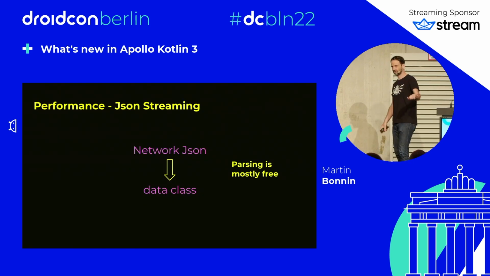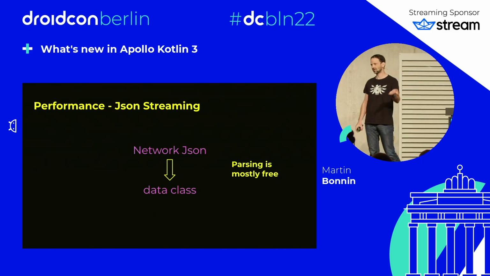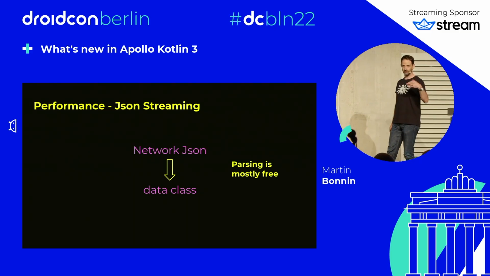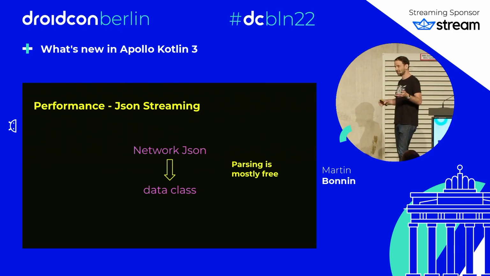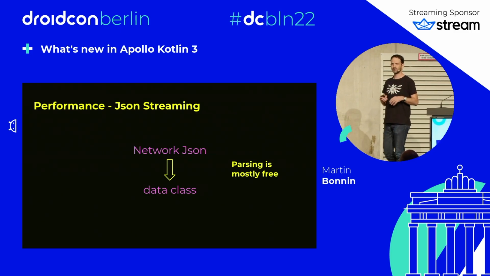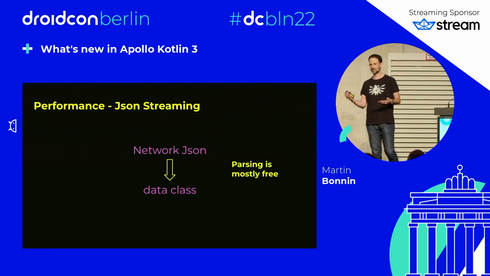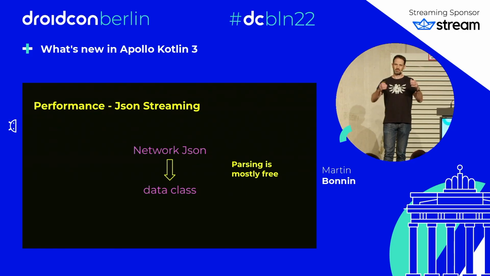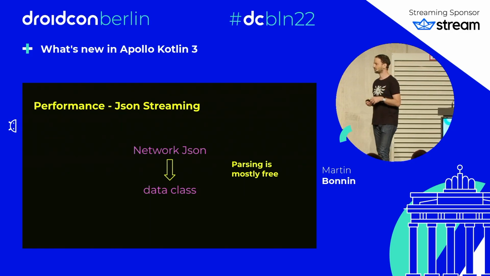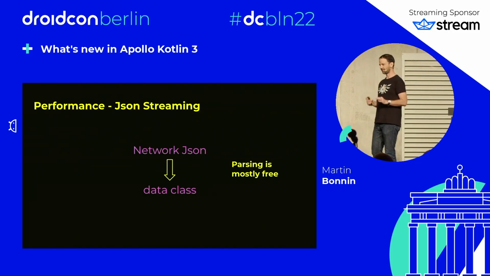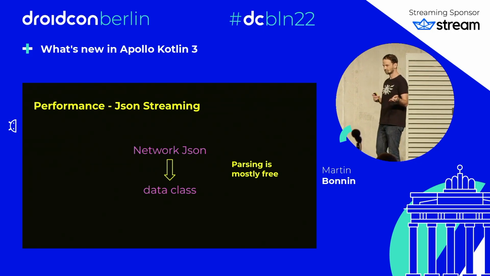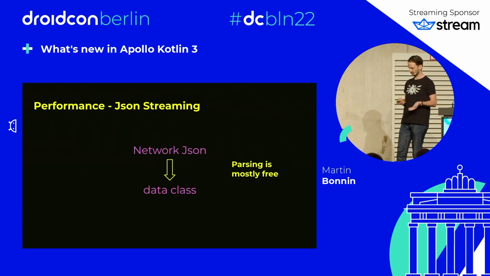Well, in version 3, this intermediate step is gone, which means not only you save on memory because you don't allocate this intermediate step, but you also basically have the parsing for free because it happens during the network I/O. As you receive bytes, the models are created and parsed, which means whenever you receive the last bytes in your response, you will have your model ready to be consumed.